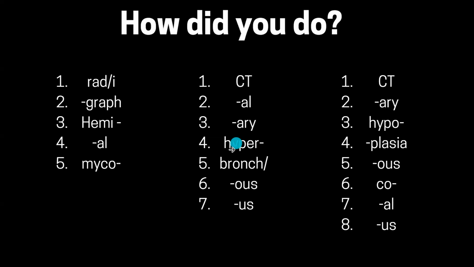Hyper means in excess. Hypo is the opposite. That means below or sub, not enough. Plasia means growth. Co means together. So as you can see, you can mix and match all of these words to tell the full story.